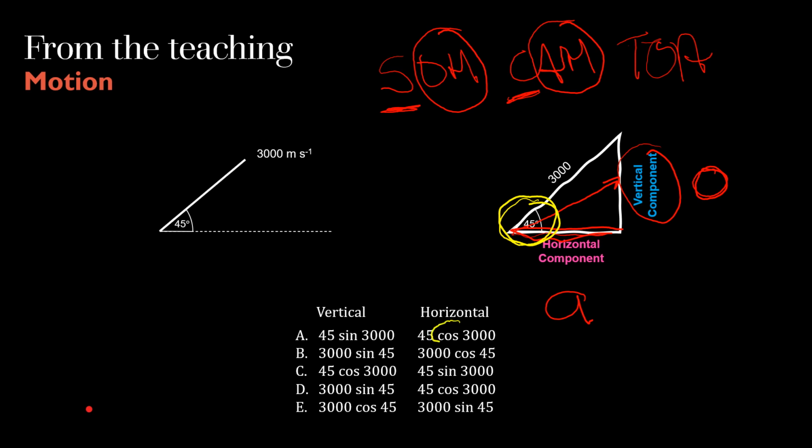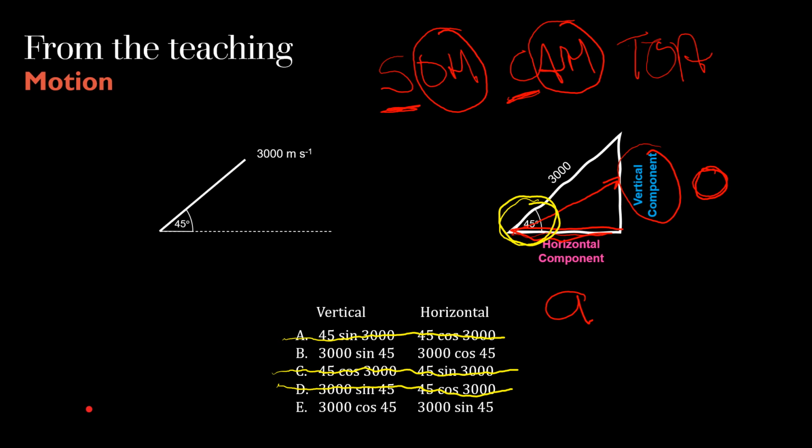Anywhere where you see the 3,000 being connected to a cosine or sine can't be correct. That lets us get rid of A, because cosine and sine both have 3,000 there. It lets us clear C, because the cosine and sine are again both 3,000. And it lets us also get rid of D, where the cosine has 3,000 after it. So without doing much, we know that the answer is either B or E.